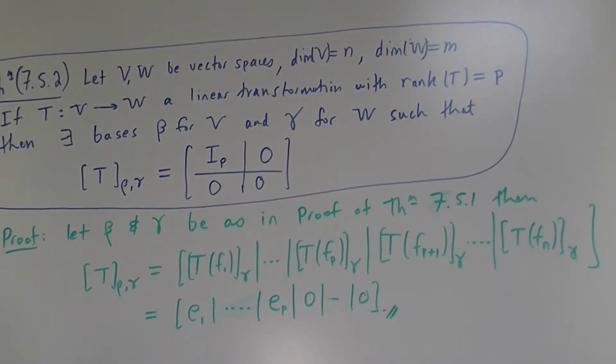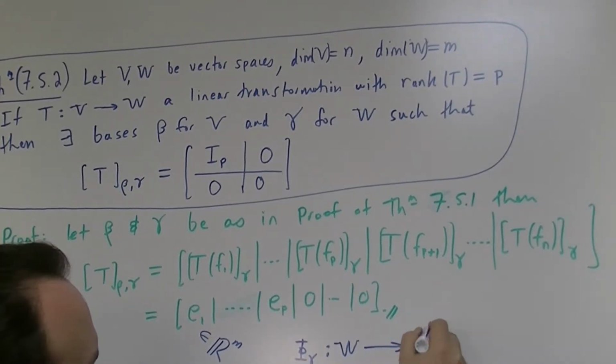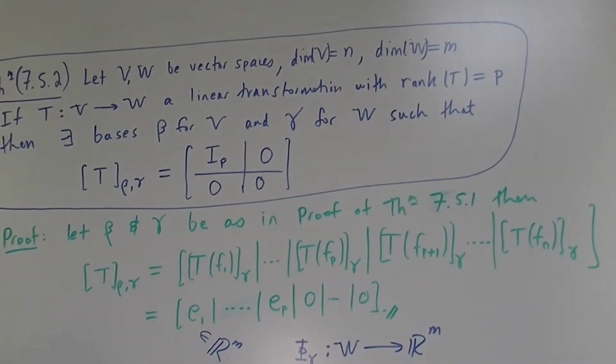That e1 is actually an element of Rm, because phi gamma is a mapping from W to Rm, since W is m dimensional.